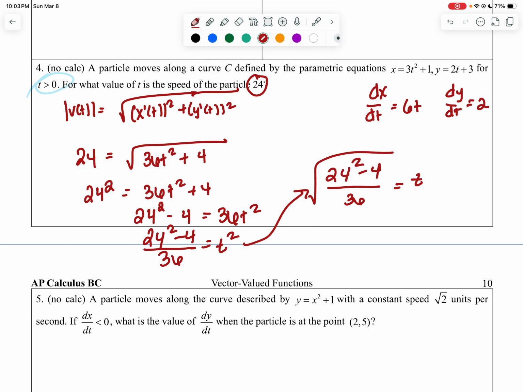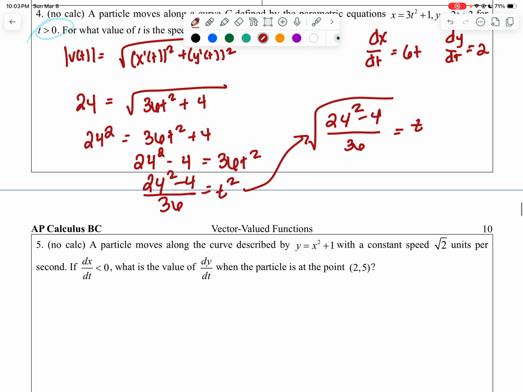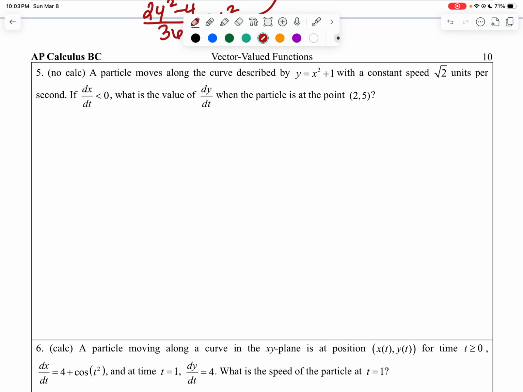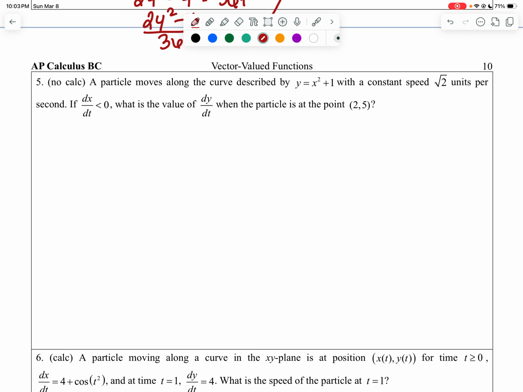All right, and then looking at number 5 here, it looks messy because there's a lot of work that needs to be done here, and that's because you kind of need two things. They give you y is equal to x² + 1, and they give you the speed.